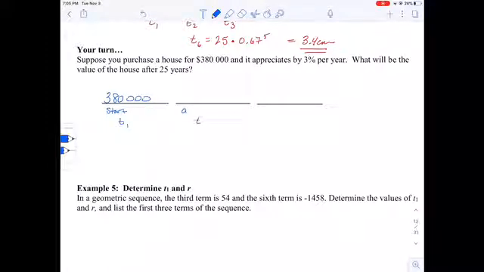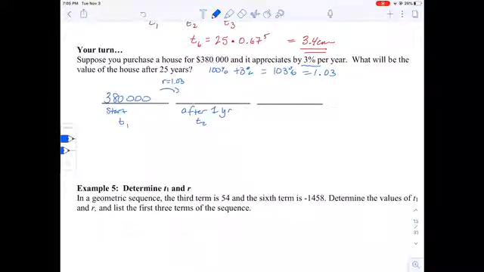And this second term will be after 1 year. And if I multiply 380,000 times 1.03, right, because what this comes from is our house is appreciating in value by 3%. So we have 100% of the house plus it gains 3%, which is 103%. So our decimal will be 1.03.